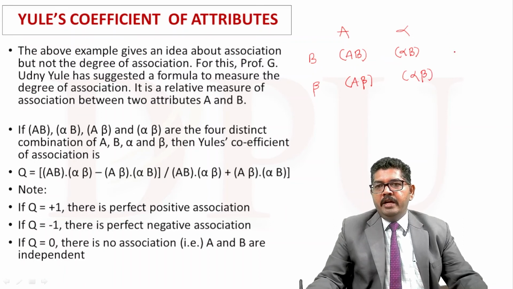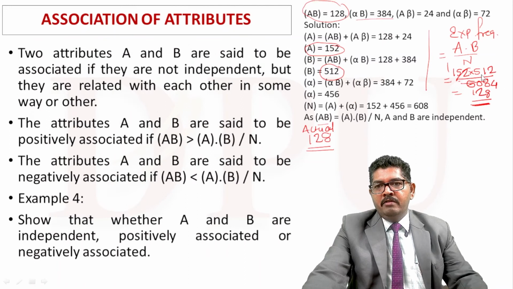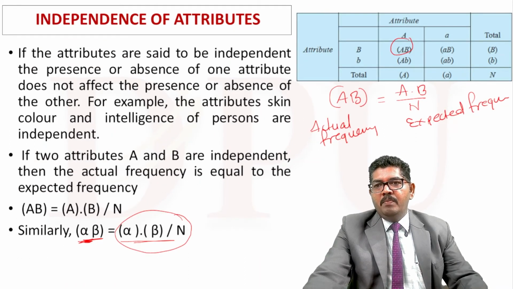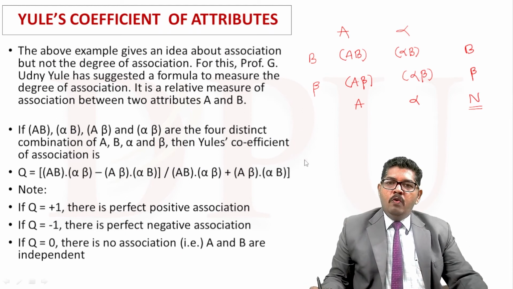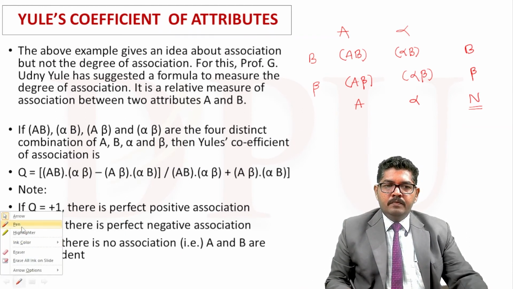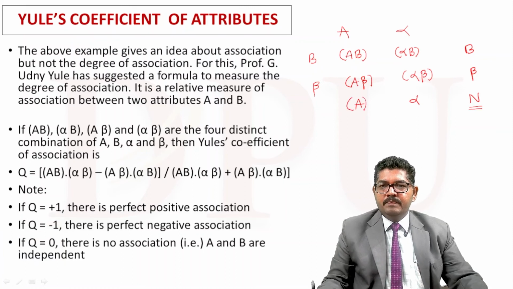This is B, this is beta, this is A, this is alpha, and this is the total. This was our table, if you can remember, A, alpha, B, beta, and this is N. Now these are also frequencies.